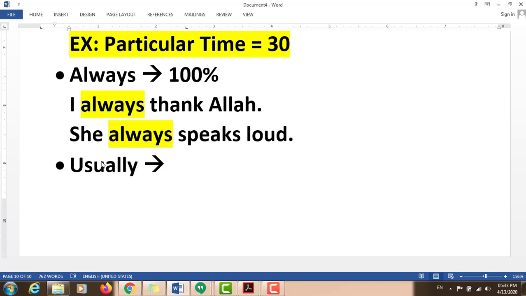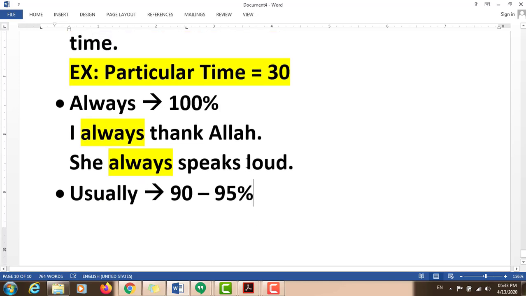So in percentage, if you divide this one into percentage, it can be like this. We say 92 and 95%. So guys, divide these 30 days into 90 or 95%.